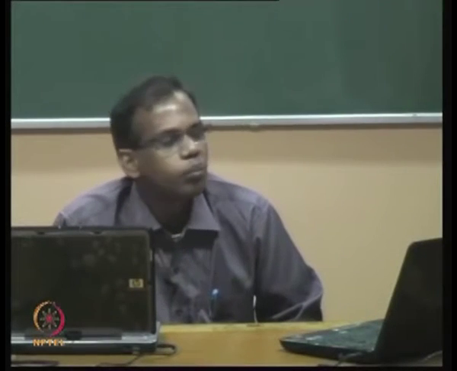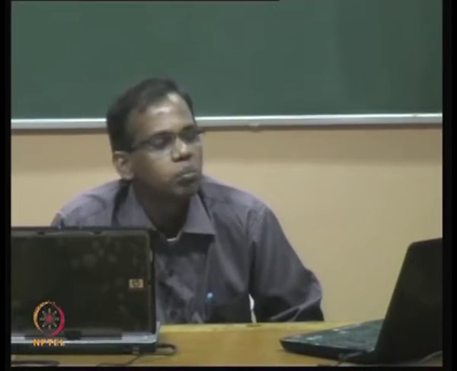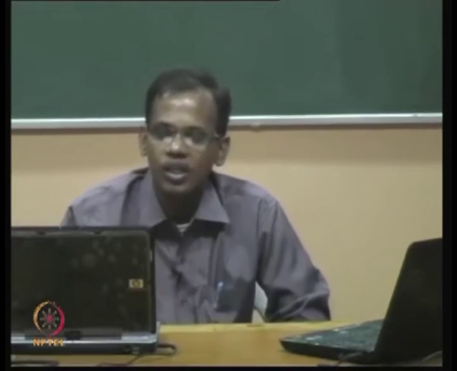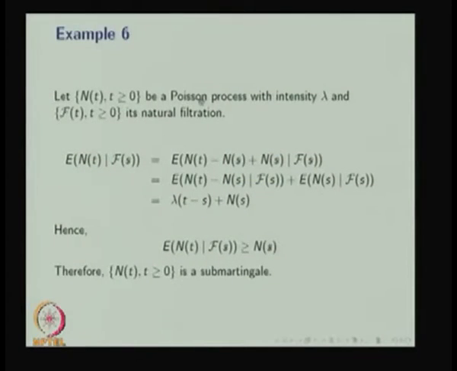Now we present that the Poisson process is a submartingale. We take the same example. N of t is a Poisson process with the intensity lambda, and earlier we have proved N of t is not a martingale because the conditional expectation is greater than or equal to N of s, because t minus s is greater than 0, lambda is strictly greater than 0. Therefore, this quantity is greater than or equal to N of s.